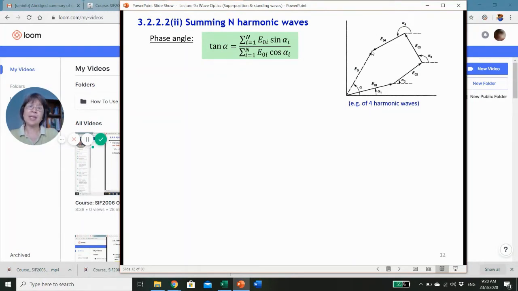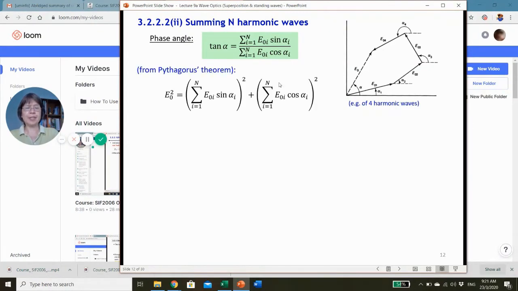Similarly, if we use n number of harmonic waves, then the phase angle is easy. Basically, the tangent of this angle equals the sum of all the vertical components, taking into consideration the negative sign when pointed downwards, divided by the summation of all the horizontal components.